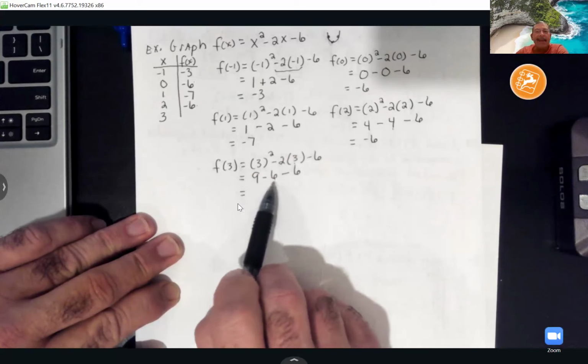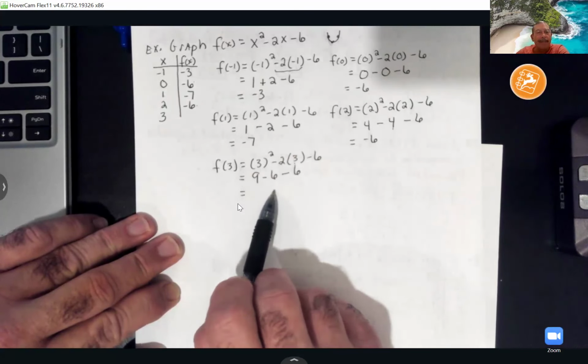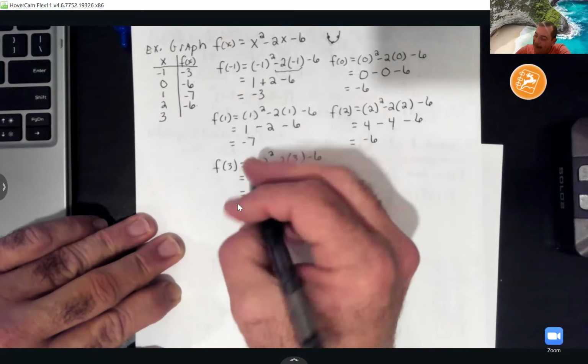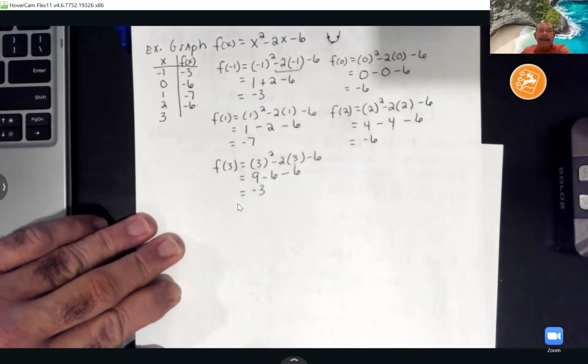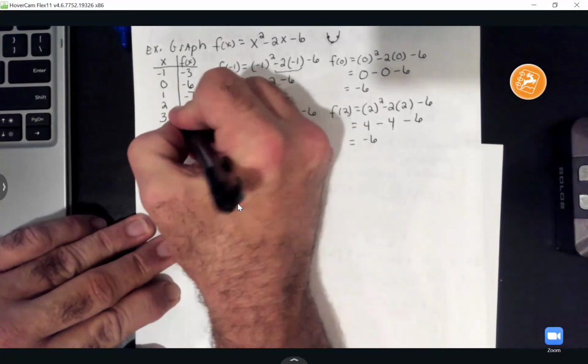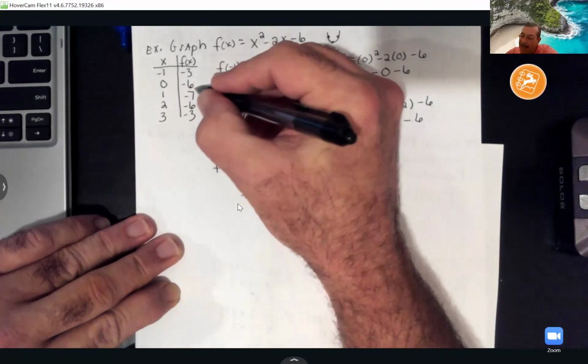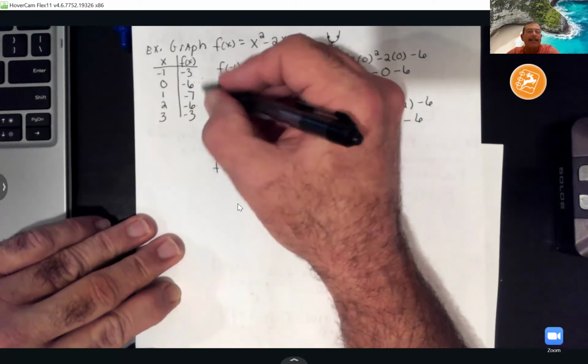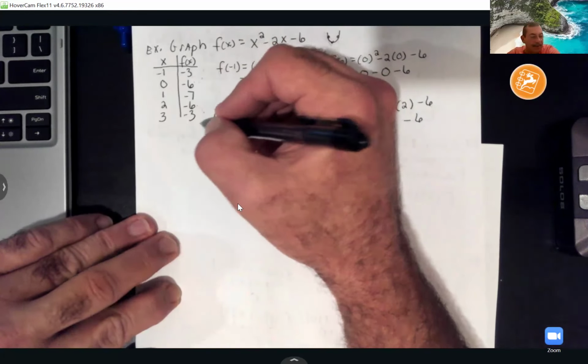All right, y'all. 9 minus 6 is 3. 3 minus 6 is -3. There you go. So see how you got your symmetry? Your middle number is -7, but then you got -6 on each side and then -3, okay?